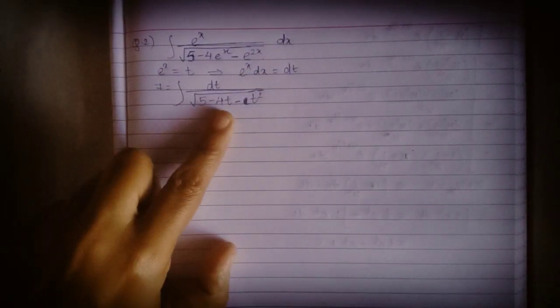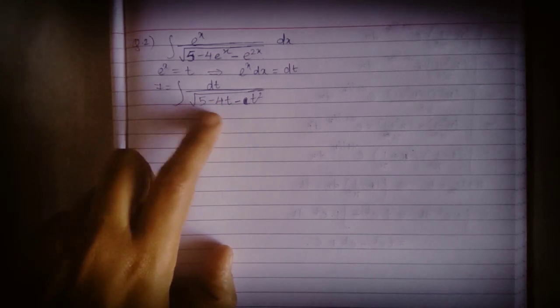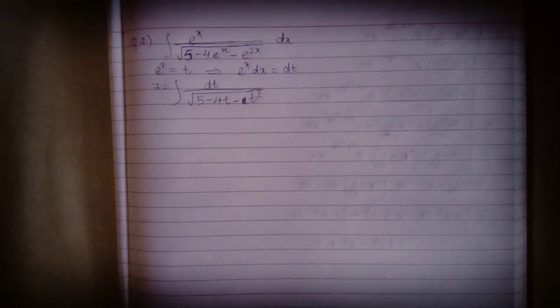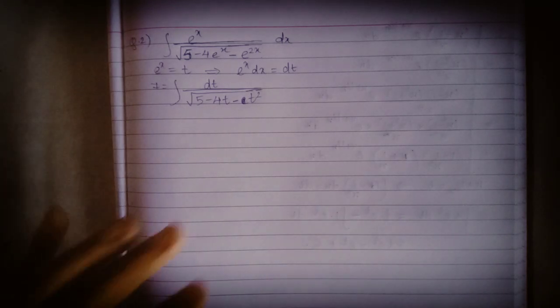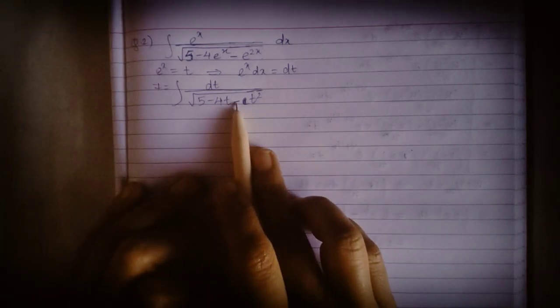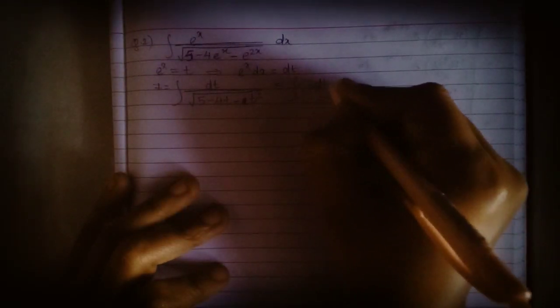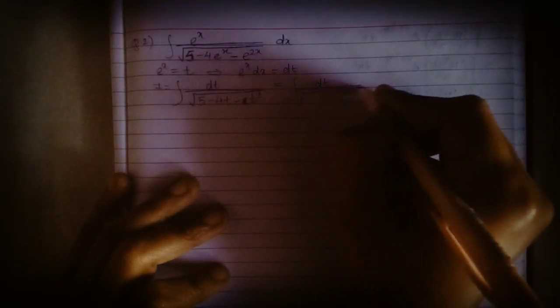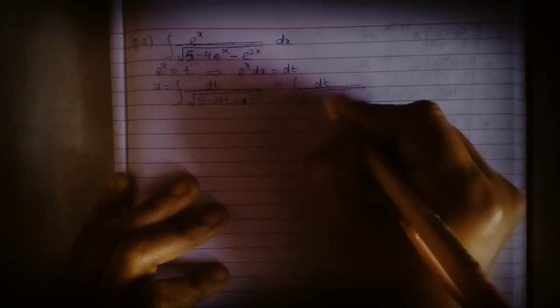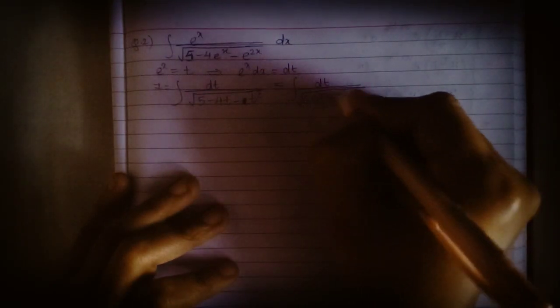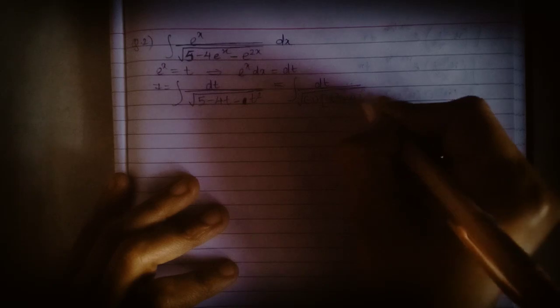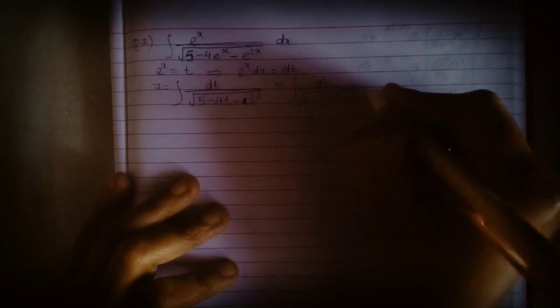Okay, so same way here you have to apply the x square minus a square or a square minus x square, in that form you have to write. So first I'll remove this minus sign, so we can take that minus sign common under root. Okay, so you'll get t square plus 4t minus 5.